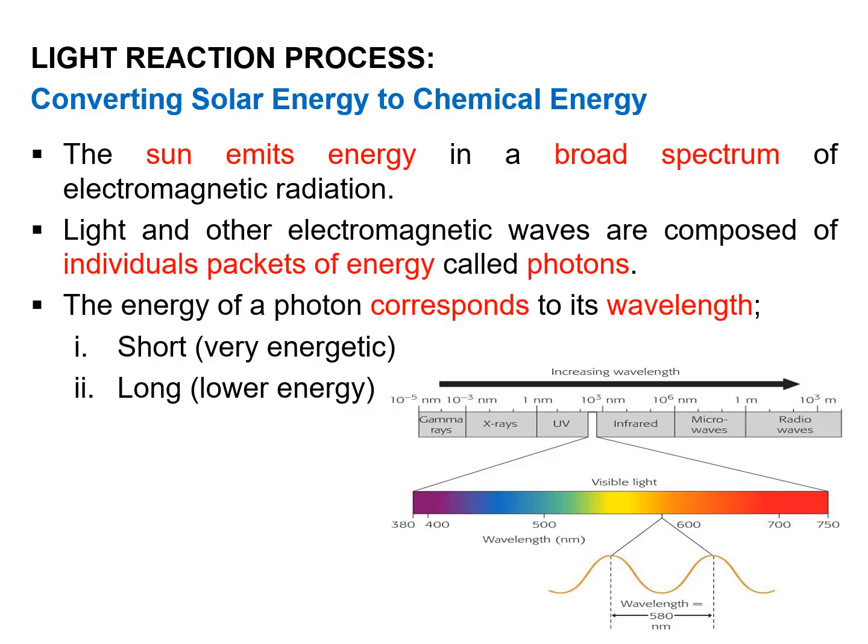So based on this, we can say that short wavelength would translate into dangerous and energetic waves, for example, gamma ray, X-ray, and UV.